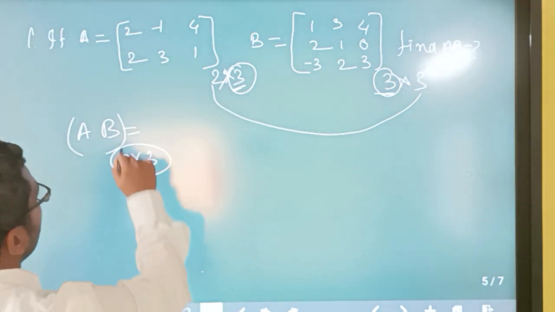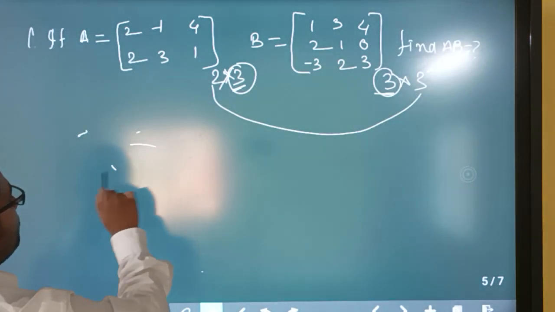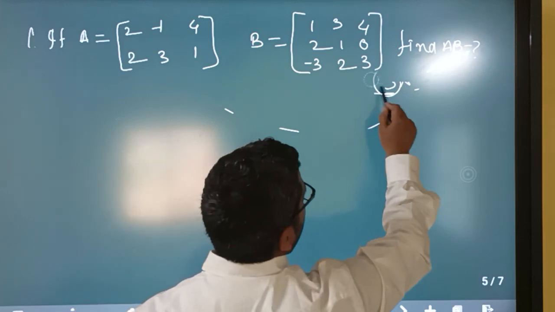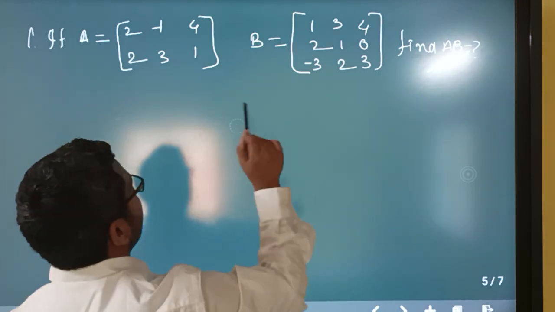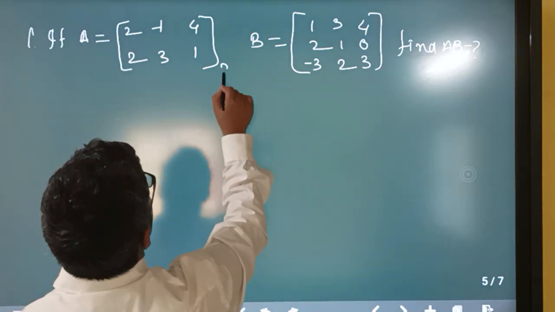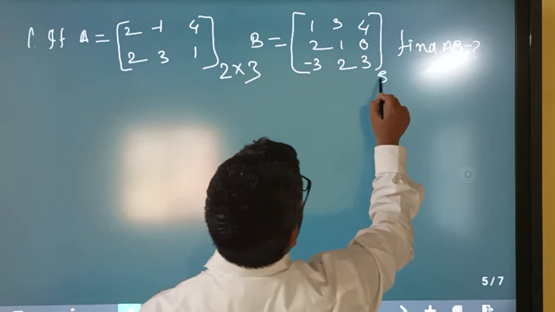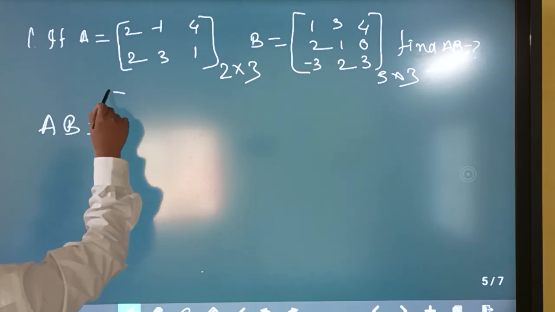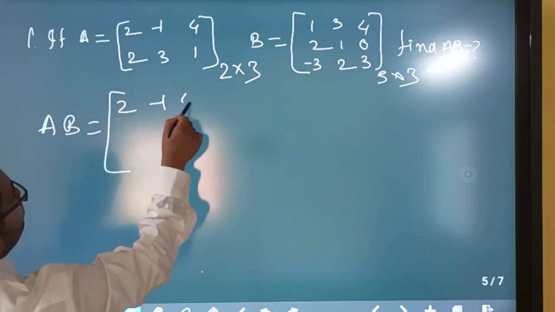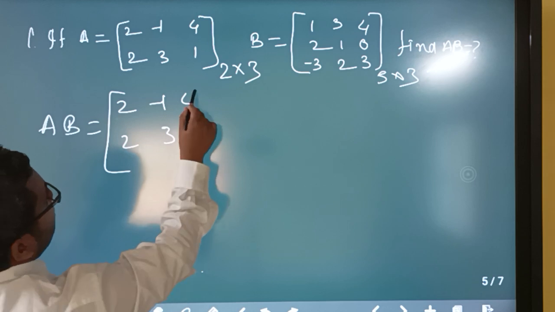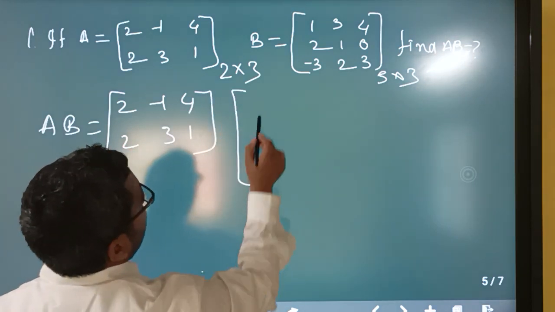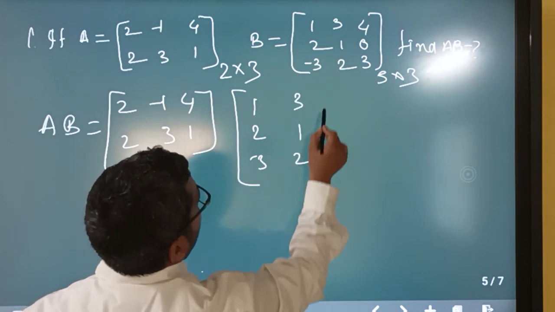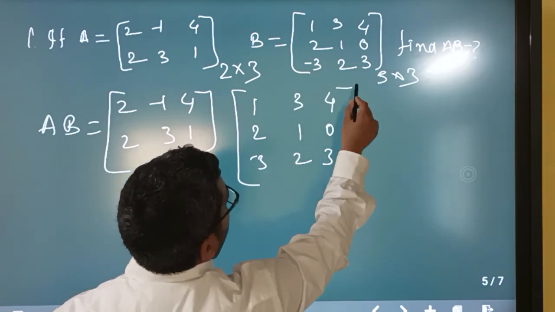Now proceed according to the basic concept of multiplication of two matrices, 2 cross 3 and 3 cross 3. For AB, put the values: 2, minus 1, 4, 2, 3, 1 and 1, 2 minus 3, 3, 1, 2, 4, 0, 3.